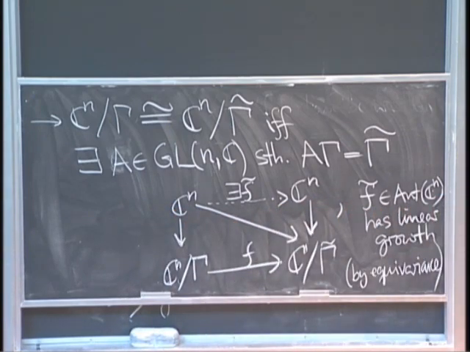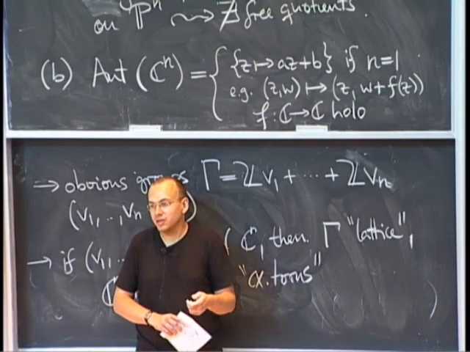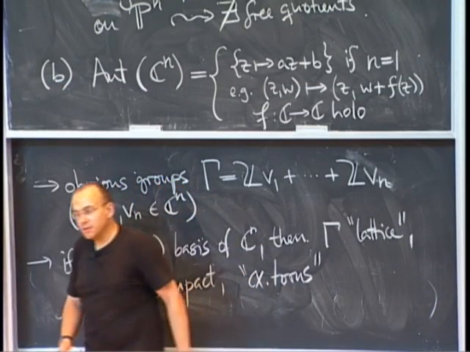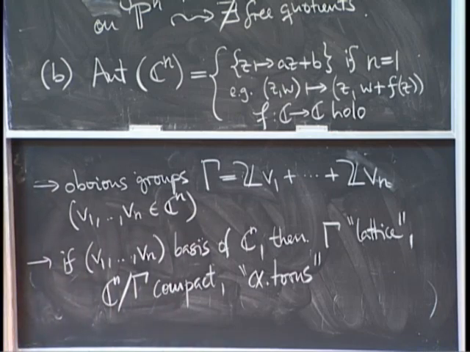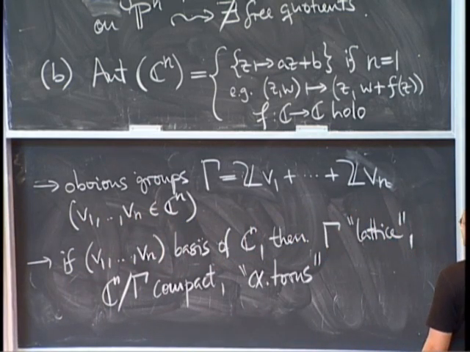That's what you would do if the V1 through Vn were the standard basis of C^n. So if I take the standard basis of C^n, then this just means I identify points whose coordinates differ by integers. And when n is equal to 1, then your Gamma would be just Z? Thank you. So what did I do here?